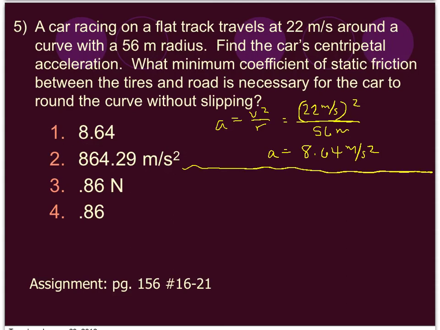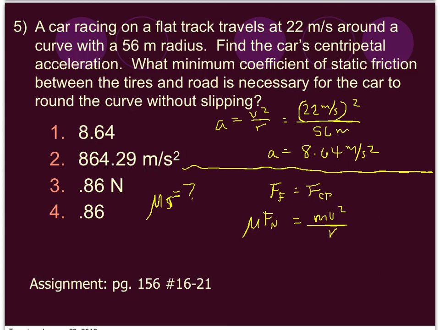The second part of the problem, solving for the coefficient of static friction. We need to remember that in order for that to be true, the frictional force has to equal the centripetal force. So I'm going to substitute in mv squared over r for the centripetal force. And if you remember our equation from the last set of units, we know that frictional force is equal to mu times F_n.